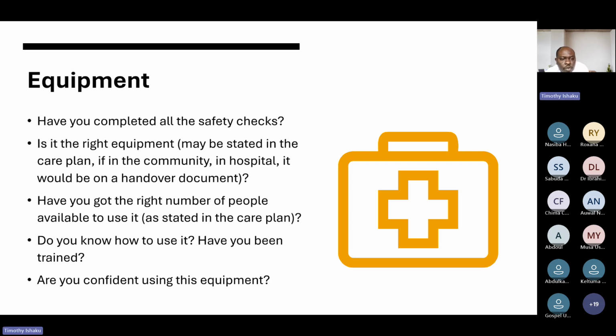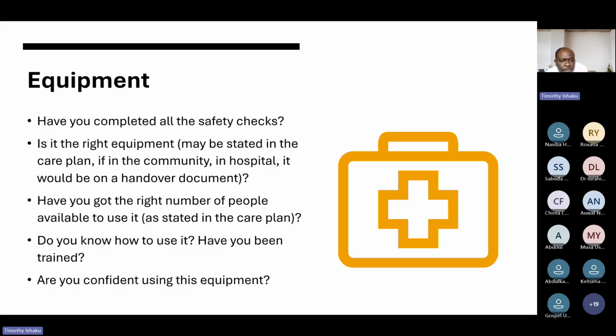L stands for the load, which is our patient or non-patient objects. Then E stands for the environment where we function, and the other E stands for the equipment. And I want us to be consciously applying those things when we are using equipment in our day-to-day practice.